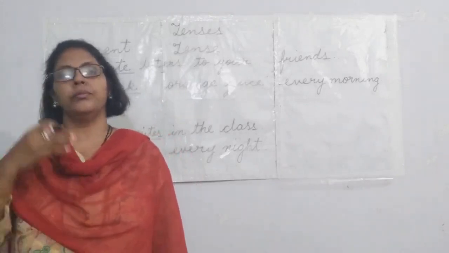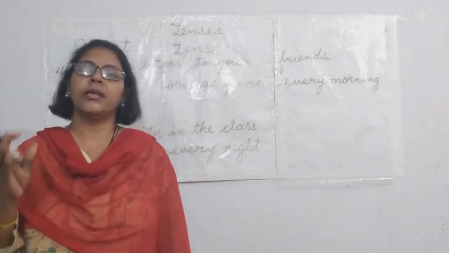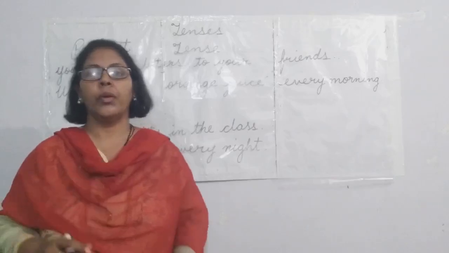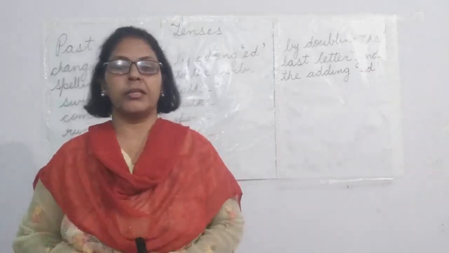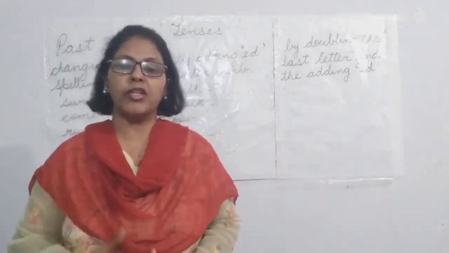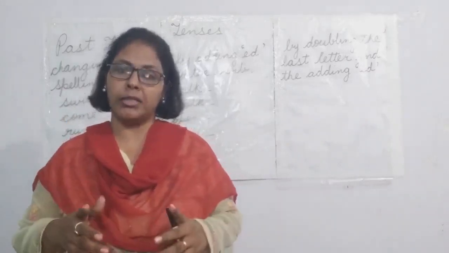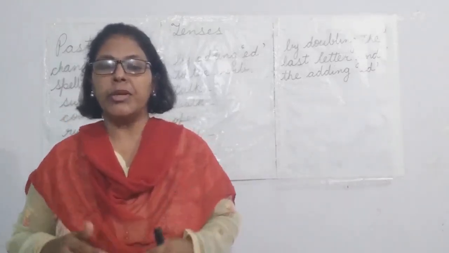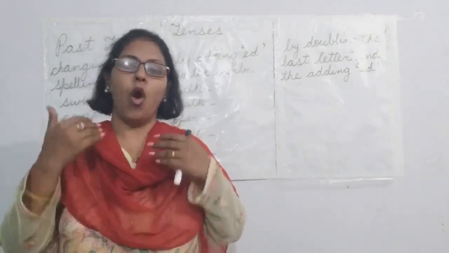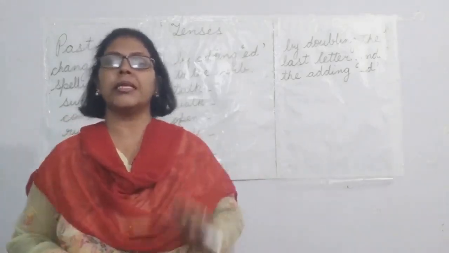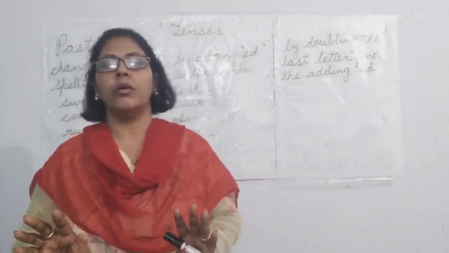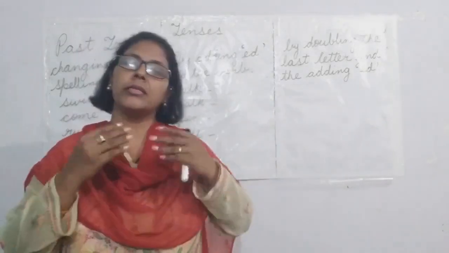Now we will go to the next one. That's past tense. About past tense. When we talk of actions done in the past, which means that the actions have already taken place earlier. It's over. It can't come back. It's done.